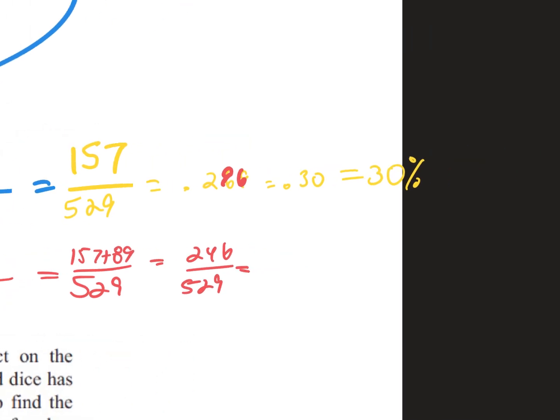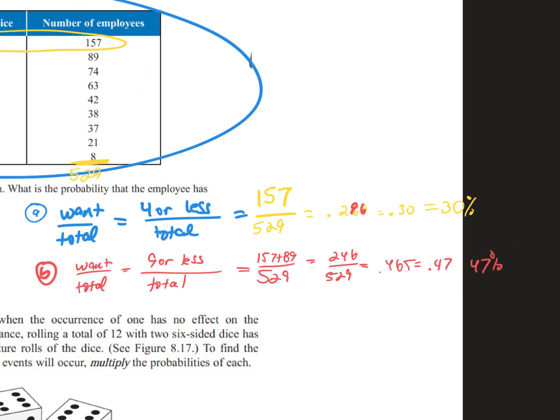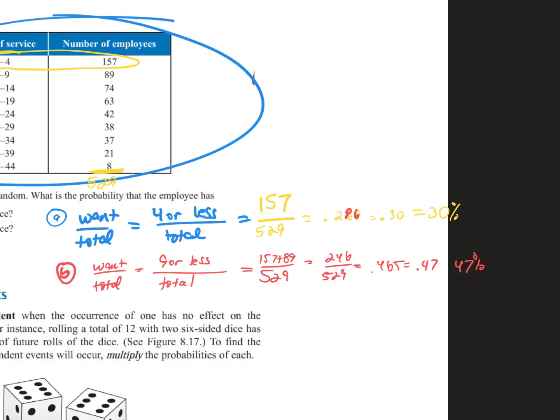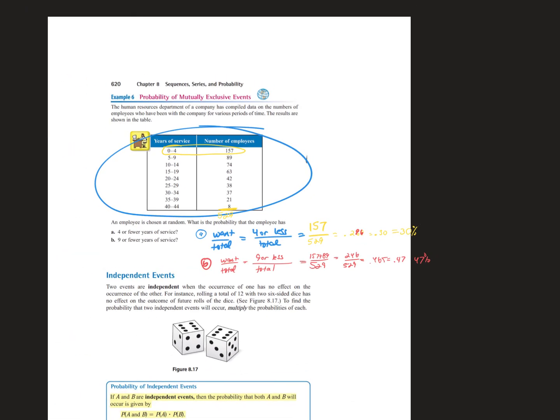And then that gives me 0.465, so about 0.47, which is about 47%. But again, probability is what over what? Want over total. Okay, we're almost done. You guys are doing great. All right, what did I tell you that or means?